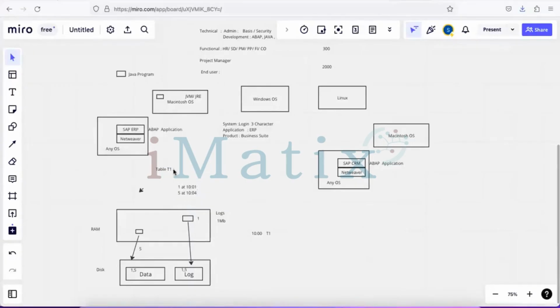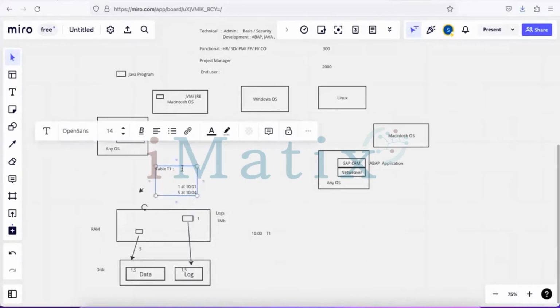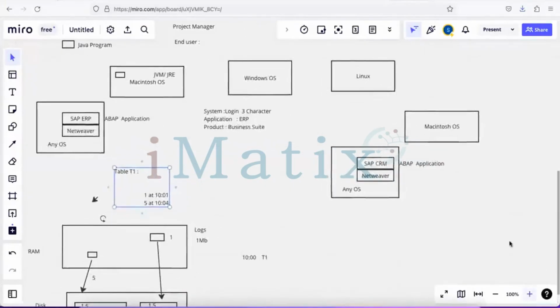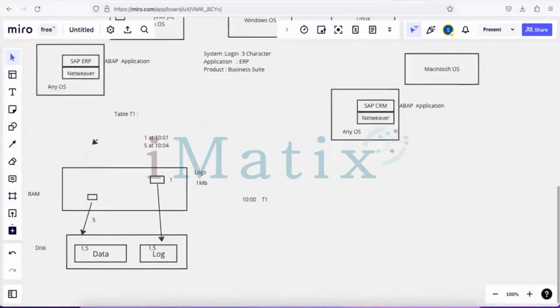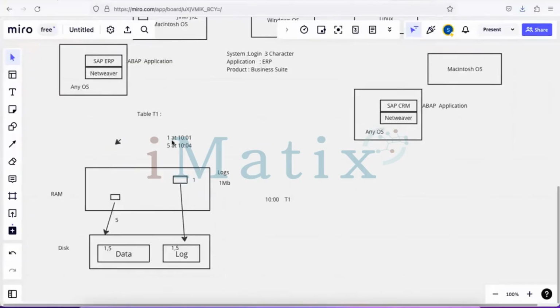What I am saying here is, table T1 is there. I am just writing some transactions. In table T1 we have written this information.